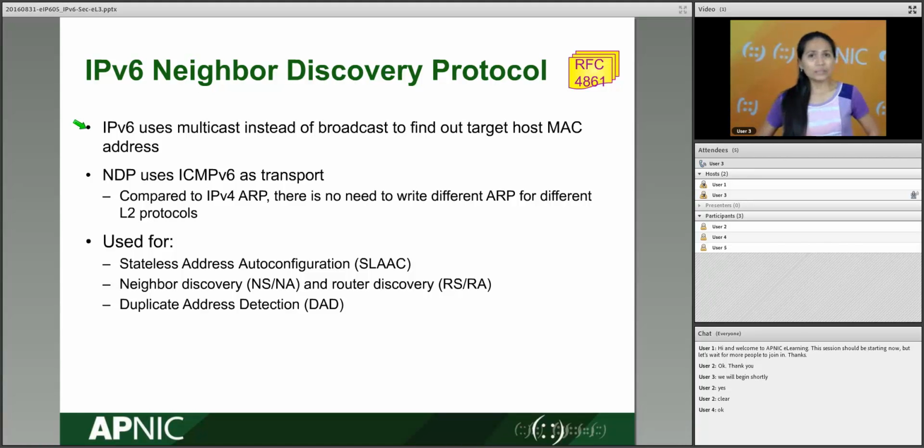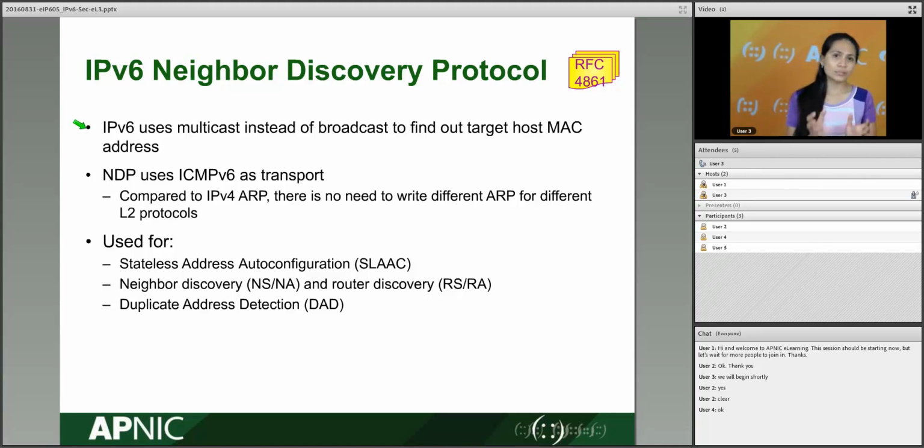So what is Neighbor Discovery Protocol, or NDP? I've mentioned earlier, and I think you all know, that IPv6 does not use broadcast. IPv6 uses multicast to find out machines. If I am going to assign an IP address on this machine, I have to double check whether someone else is using that, and I'll use NDP for that.